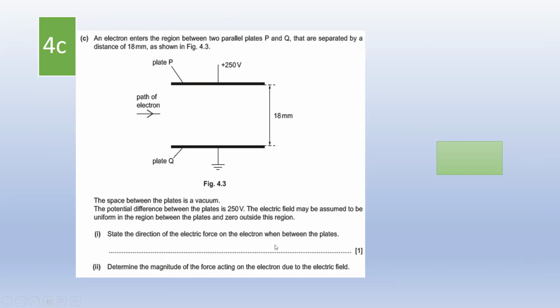Direction of electric force on the electron. It's towards plate P. How will you decide?